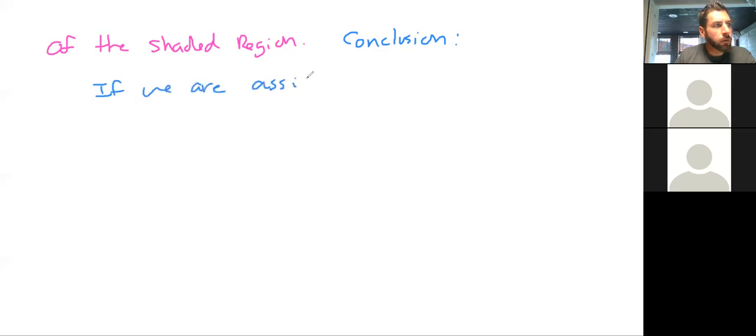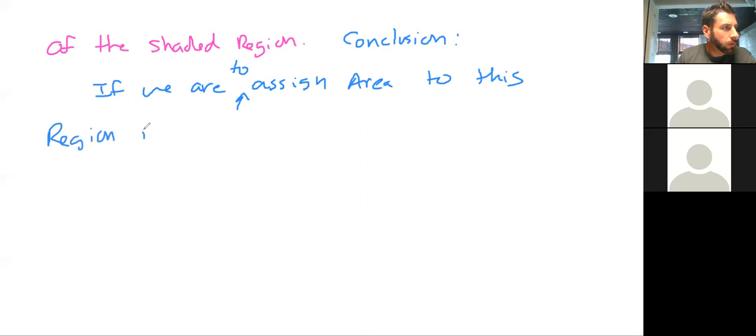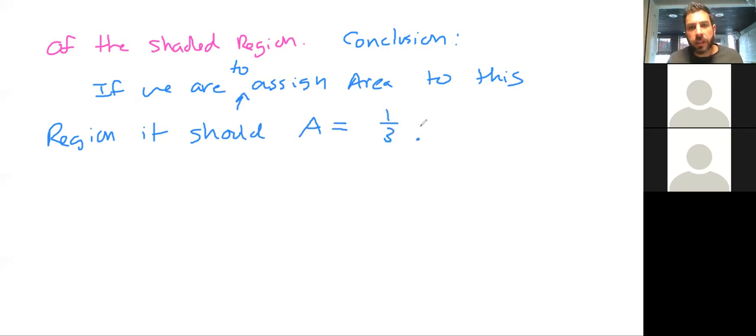If we are to assign area to this region, it should be area equals a third. I'm not going to go through all the details of that, but if you look at the last lecture, we took 4 rectangles and then 8, and then we did these calculations.